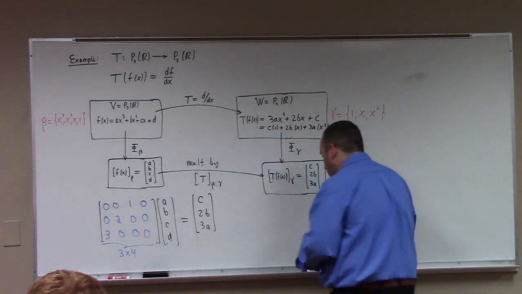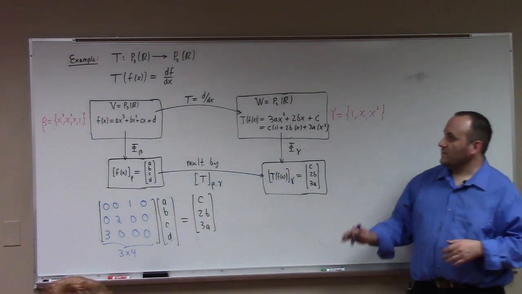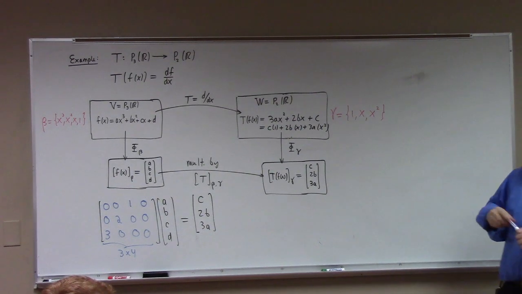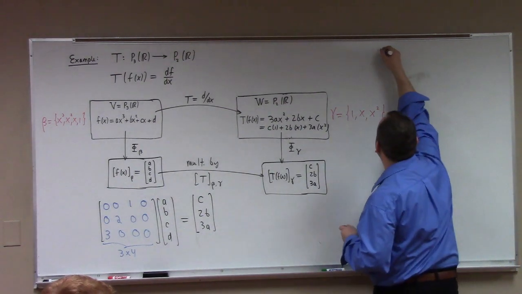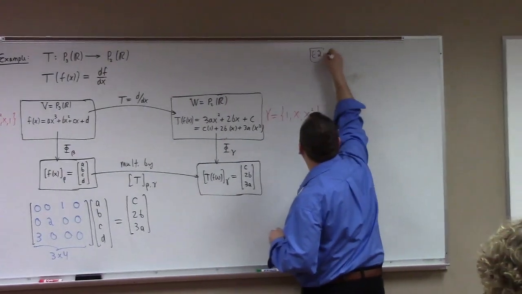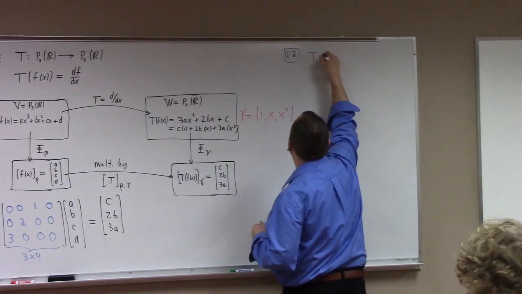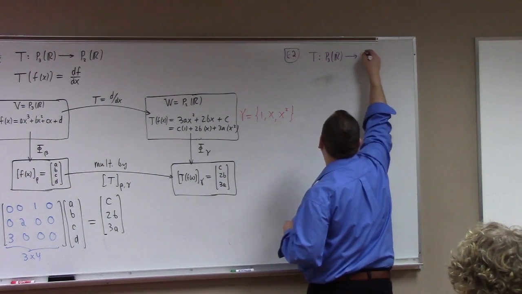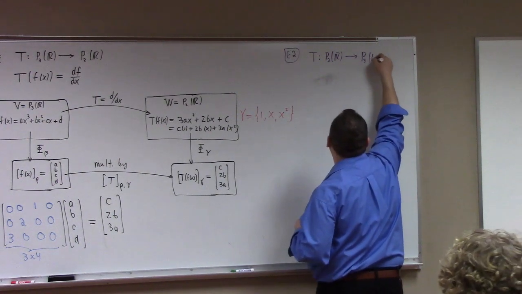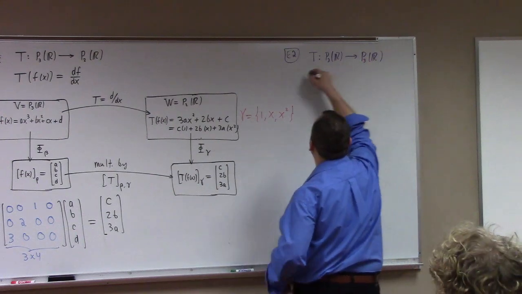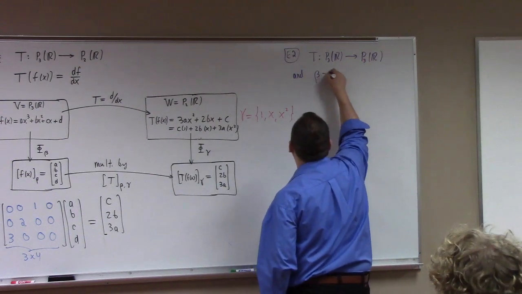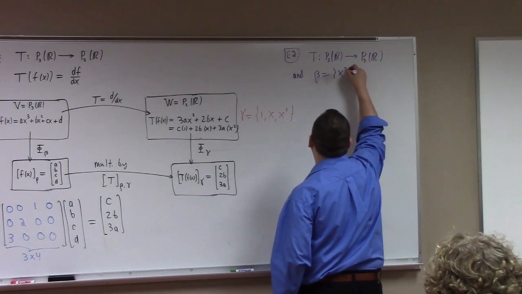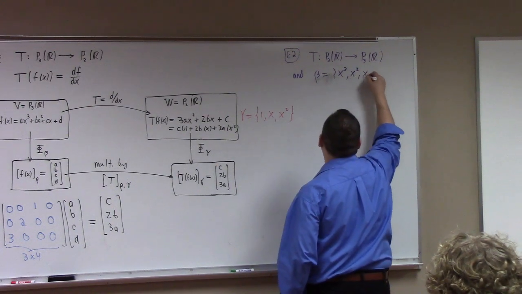Now, you said one thing you might do here is to tweak my example a little bit. I'll make it a separate example, example 2. What if T went from P3(R) to P3(R), and I use beta equal to x cubed, x squared, x, 1 for both?